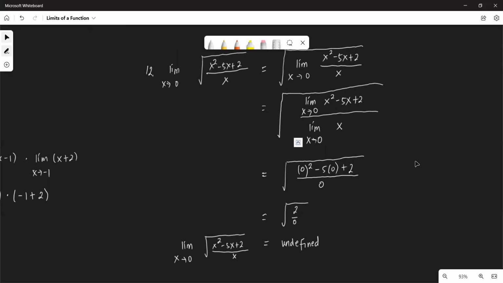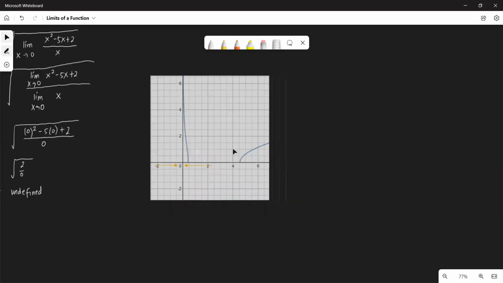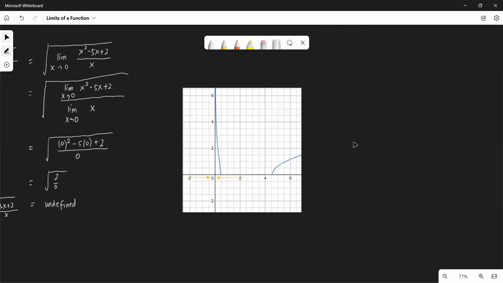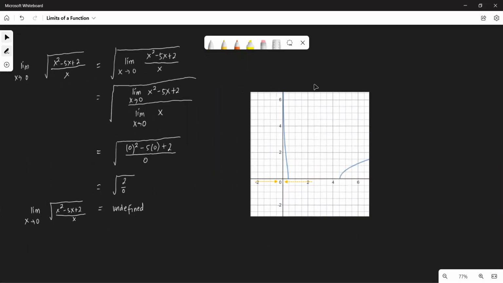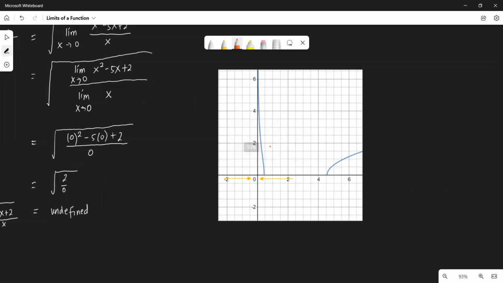Okay, so if we're going to use a graphing application, a graphing software, the function looks like this. So it says as x approaches 0. I hope you can see this. So as x approaches 0, we look at the value of y that is being approached by the graph.